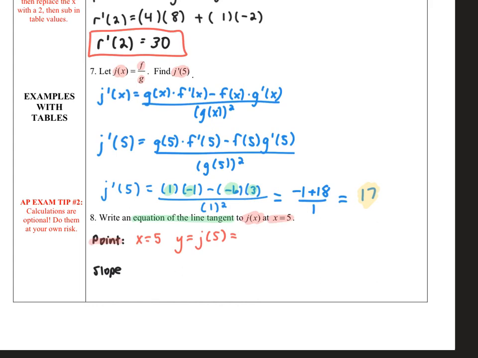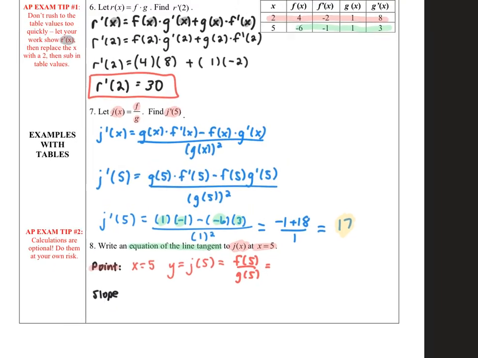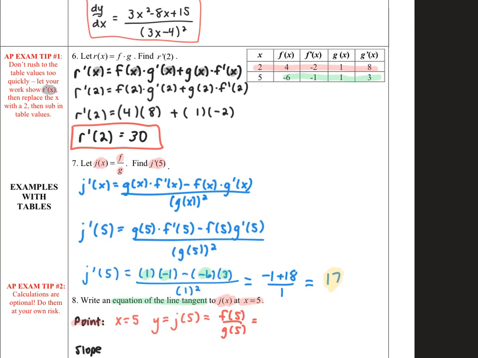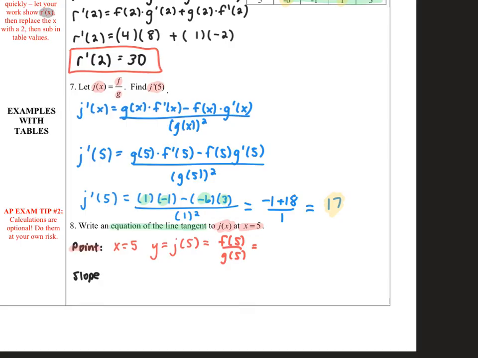So my j of 5 is just going to be f of 5 divided by g of 5. Looking up at my table, I can see that my f of 5 is a -6, and my g of 5 is a 1. So the y-coordinate for my point is going to be -6. My point is 5, -6.